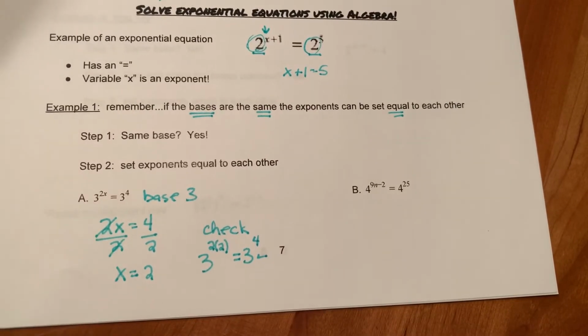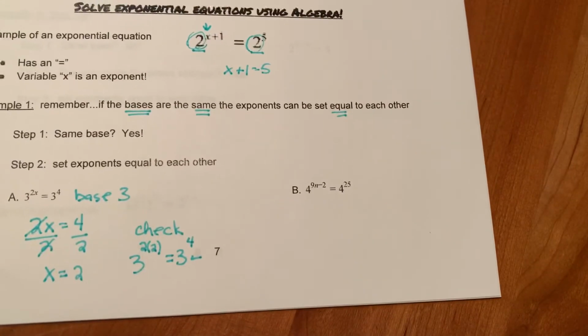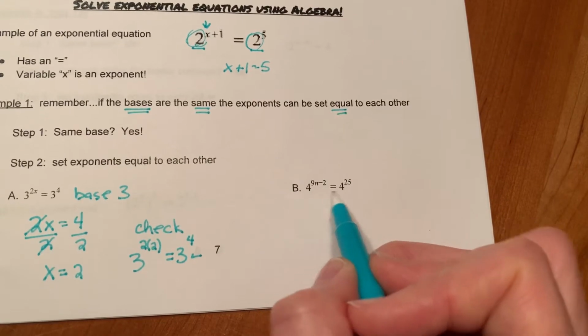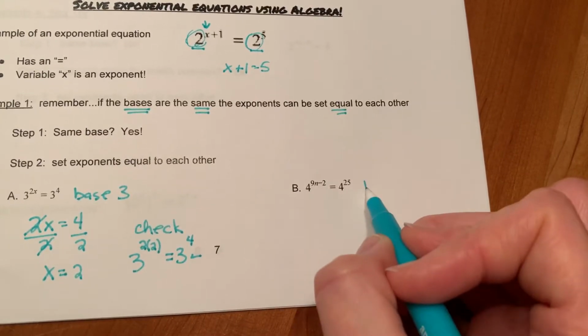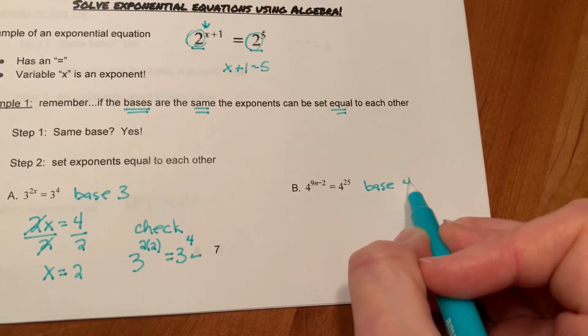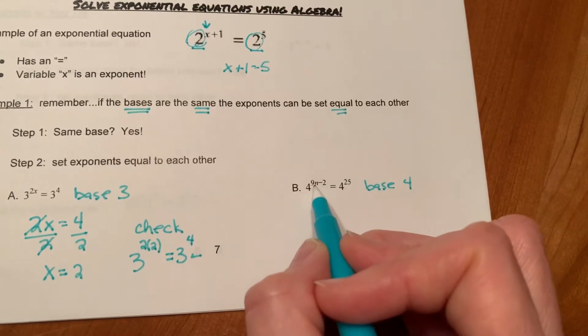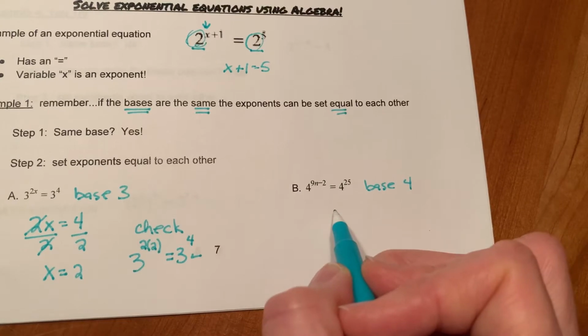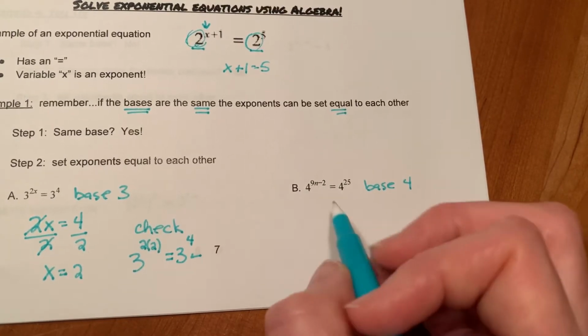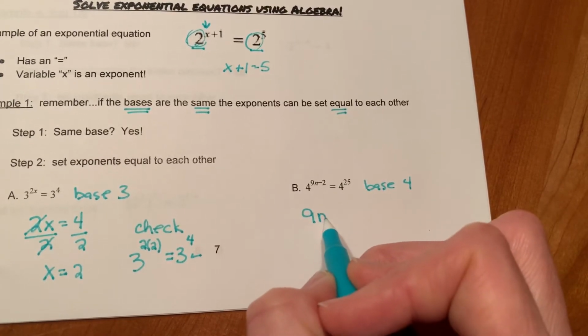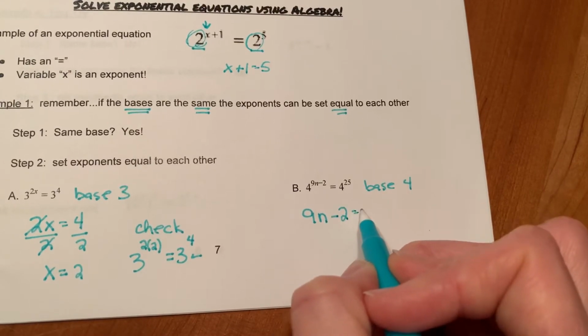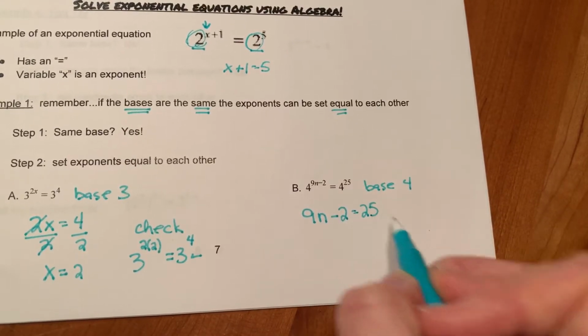All right, let's look at another one. Step 1, check your bases. Are they the same? Yes, they both have a base 4. So then I can do step 2, which says set my exponents equal to each other. If my bases are the same, I can set my exponents equal. So 9n minus 2 equals 25.